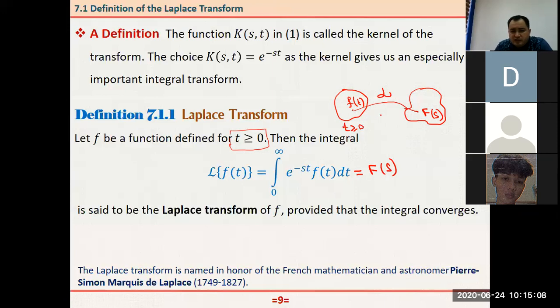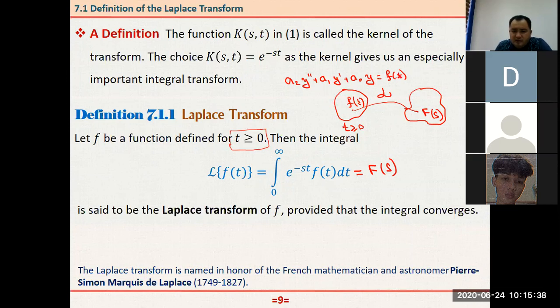Now you will see why we are doing this. The main idea is to assume that we are given some kind of differential equation, let's say a sub 2 y double prime plus a sub 1 y prime plus a sub 0 y. On the right hand side, let's say we have f of t or g of t, anything. It doesn't matter.